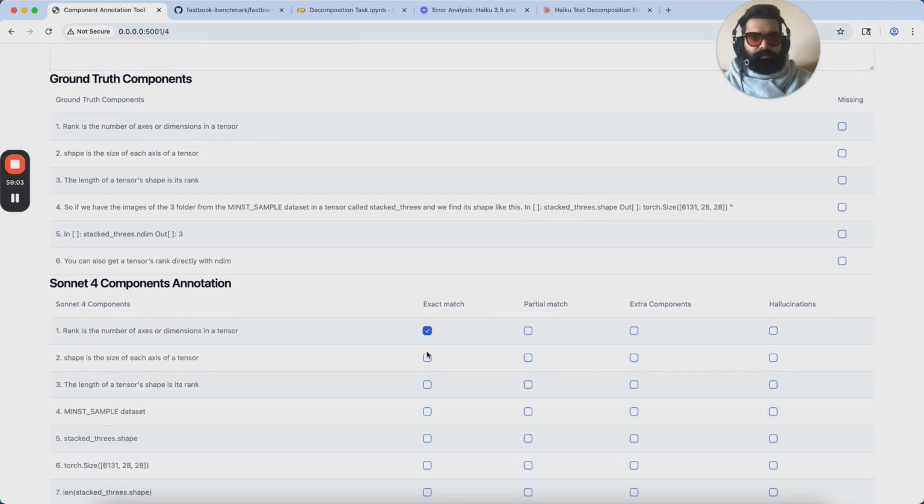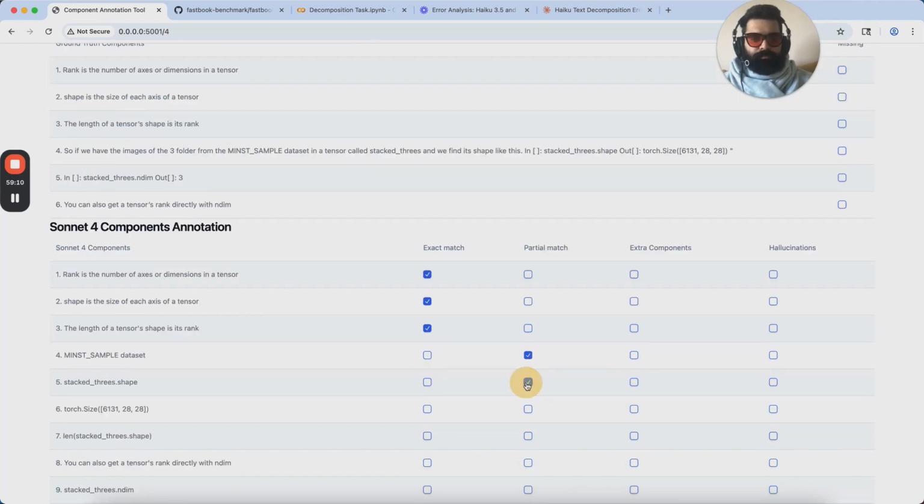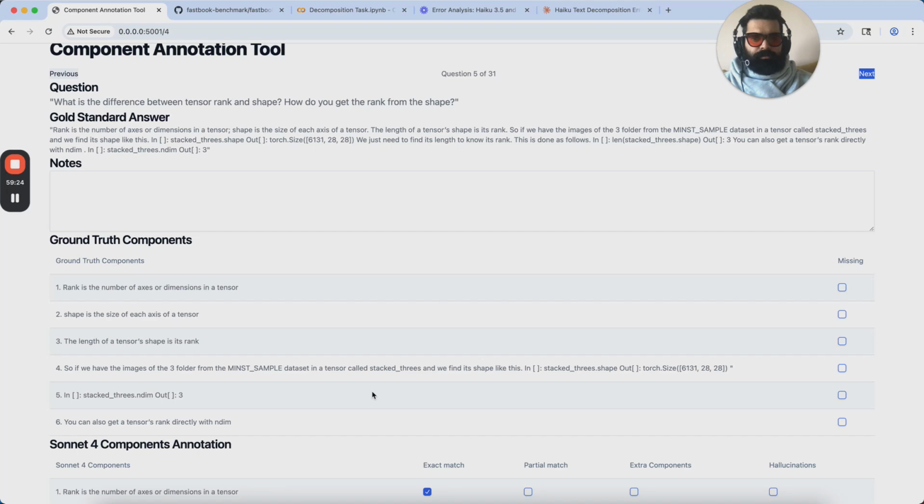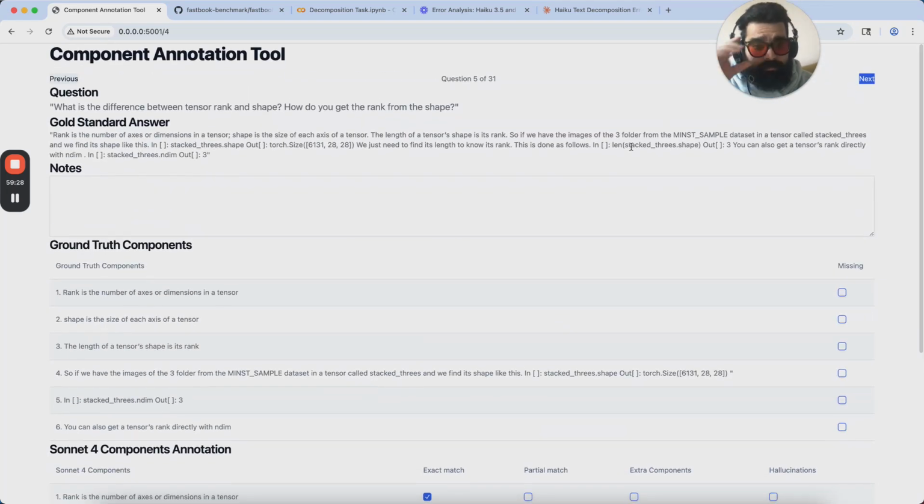Okay, exact, exact, exact, partial, partial, partial. Let's see. Where is this even from? Oh, I think it's this one. This is done as follows.